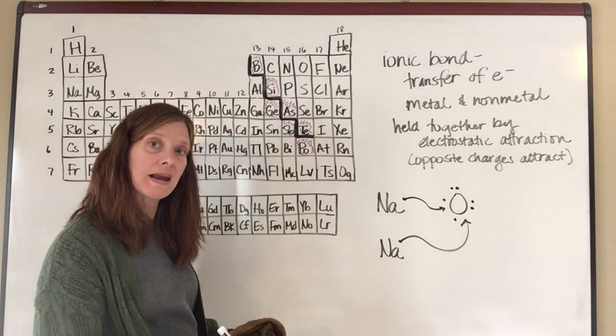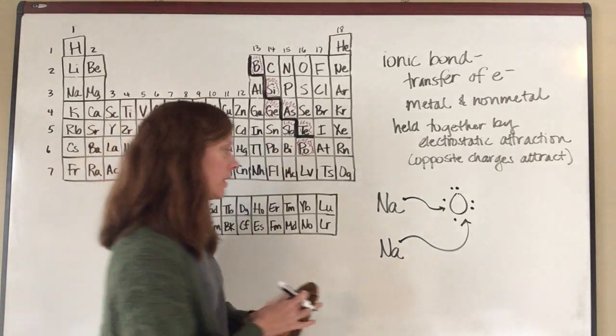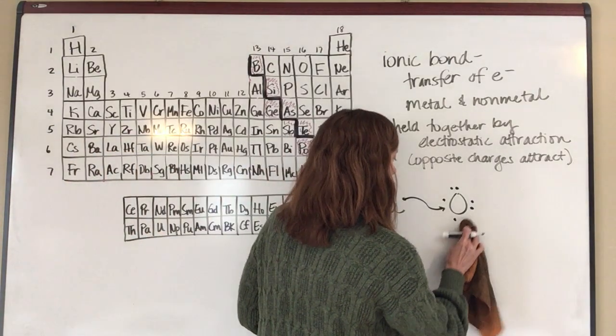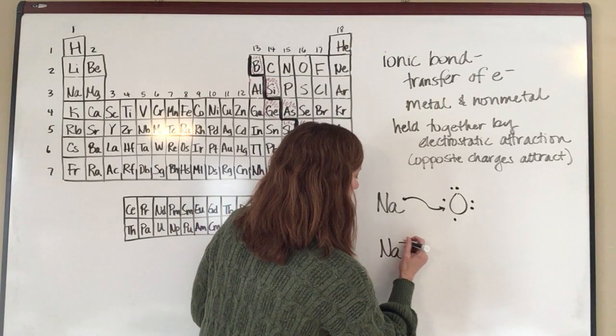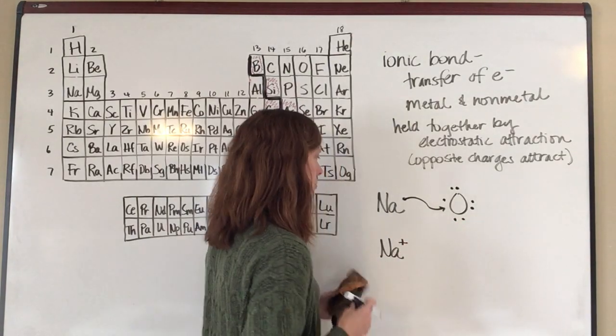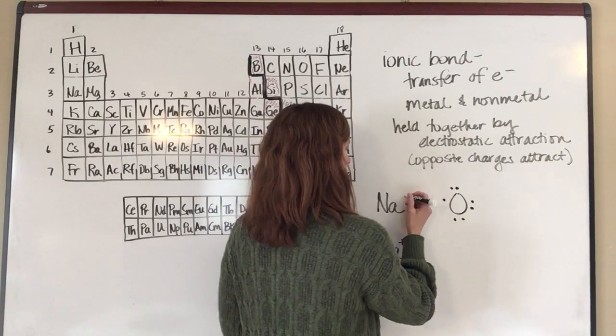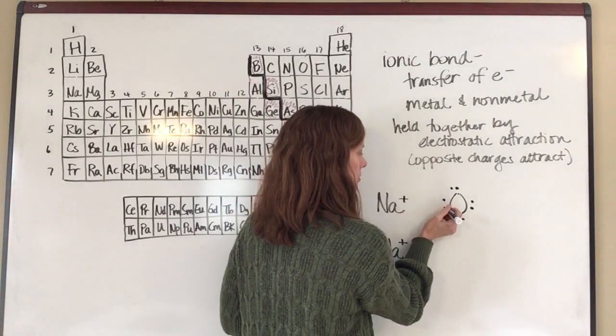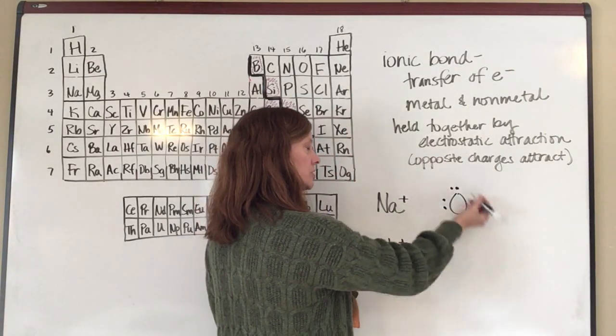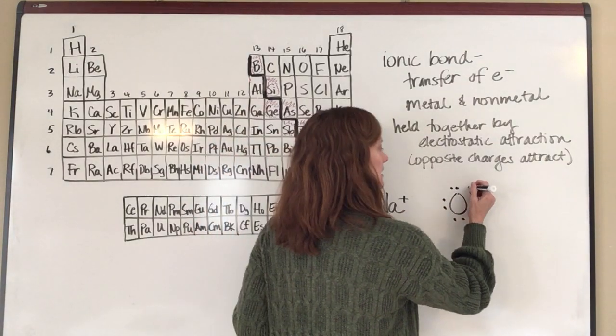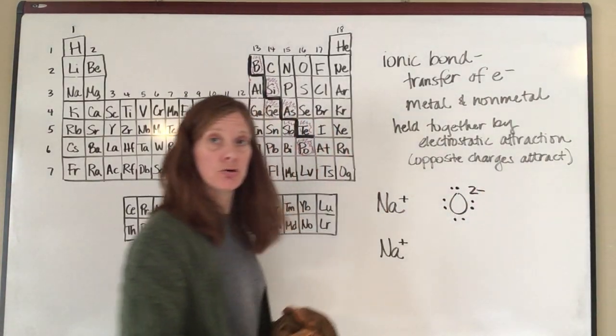So once that happens, what do I end up with? Well, I have this sodium that has a +1 charge, and this sodium that has a +1 charge. And now my oxygen has 2 extra electrons, and it has a -2 charge.